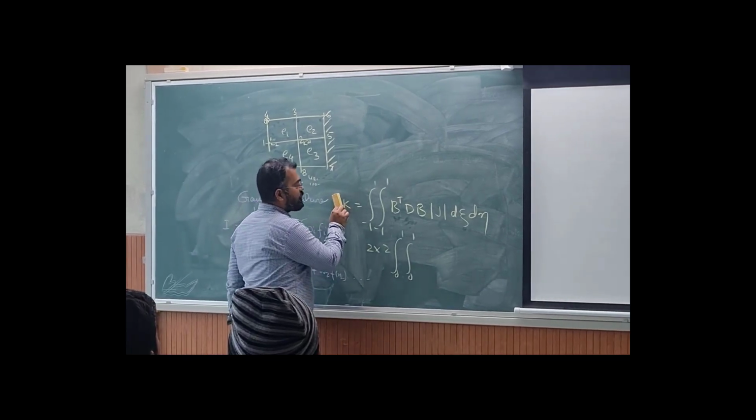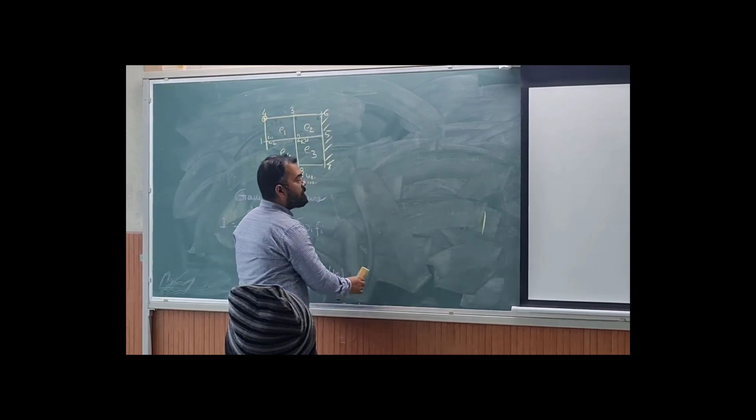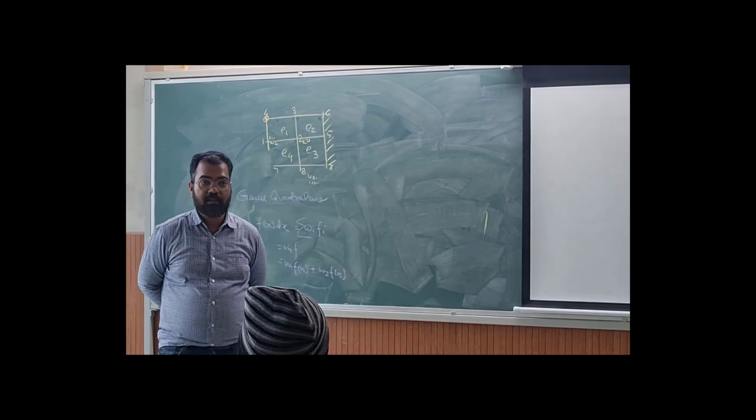The property of Gauss quadrature is that if you have n unknown parameters, then you can handle a polynomial of order 2n minus 1 accurately. If the polynomial goes to a higher order, then the results are not accurate.